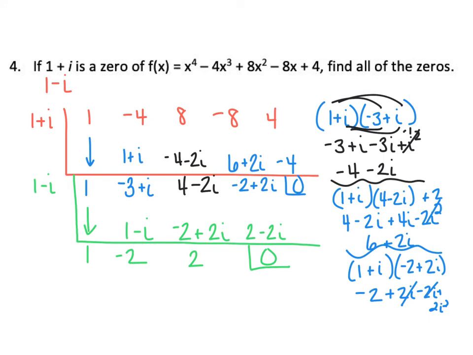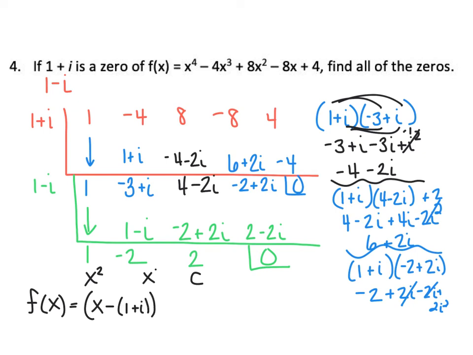All right, so now what do I have here? Well, from this point, this is my constant, this is my x to the first, and this is my x to the second term. So presently, I have a polynomial with two factors. One would be x minus, the first one would have been 1 plus i.